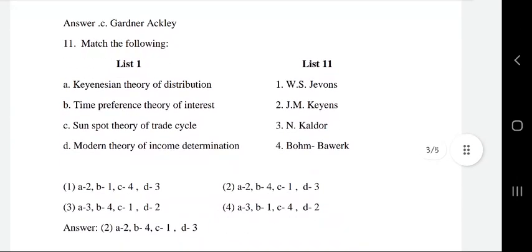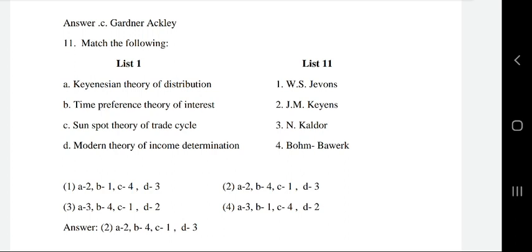Then next question, match the following. Here are four options for list 1 and list 2.